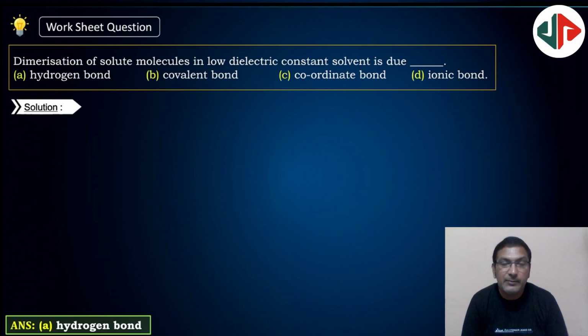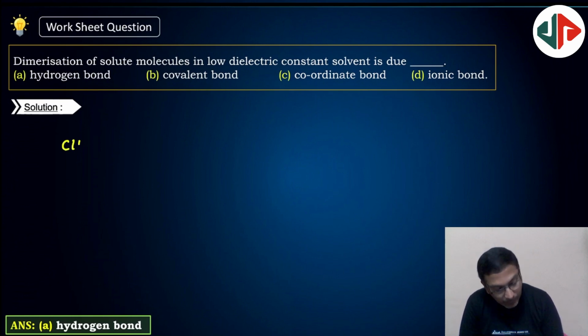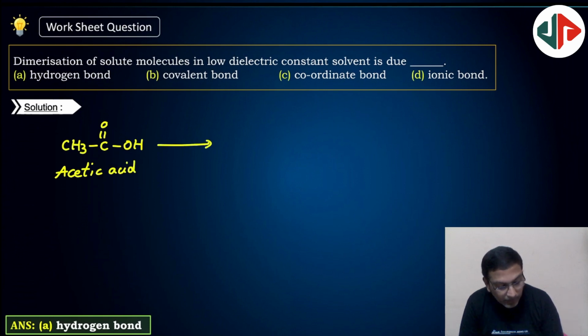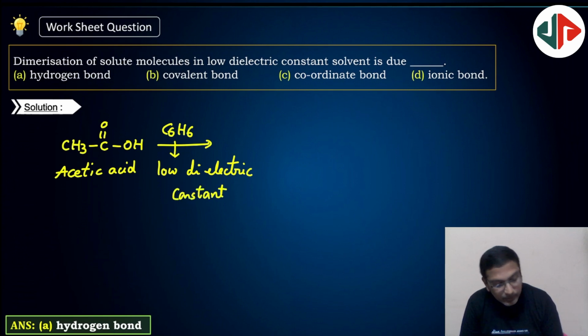So dimerization of solute molecules in low dielectric constant solvent is due to. Simply, I will take acetic acid in benzene, which is low polar solvent or low dielectric constant solvent, undergoes dimerization like this.